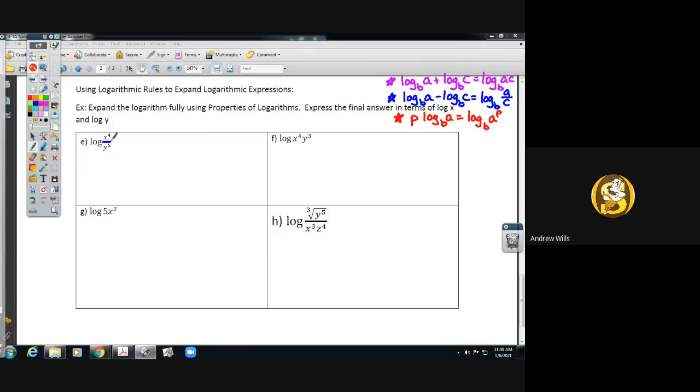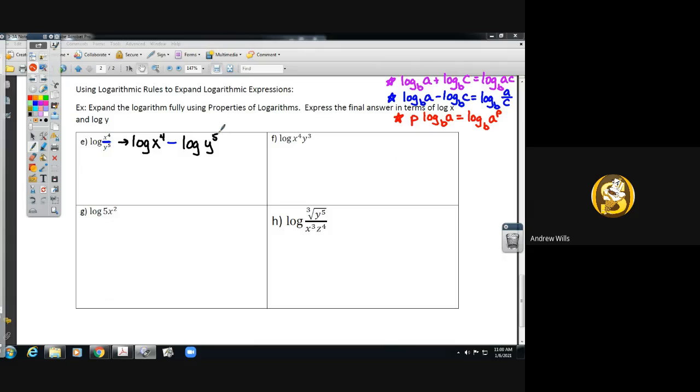The first thing we see with the division, we should go, oh, that's quotient rule, and rewrite this as log of x to the fourth minus log of y to the fifth. So we break it up into two separate logarithms, and since it was division in the original problem, we use the quotient rule, which means there should be subtraction between those two logarithms.